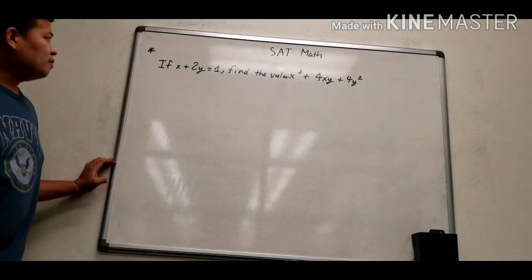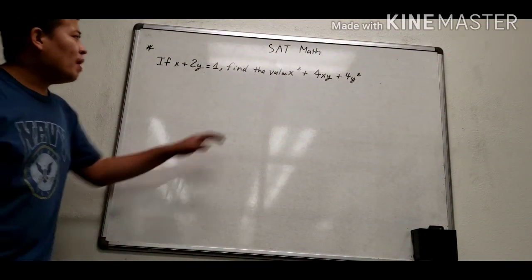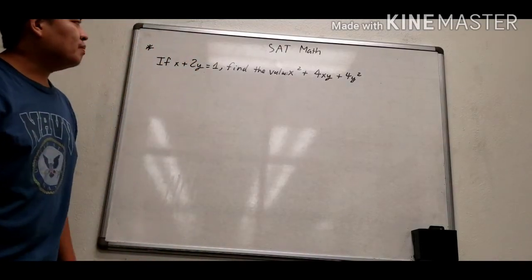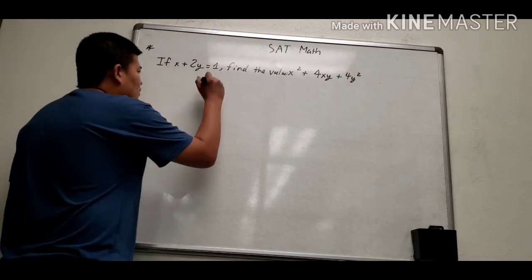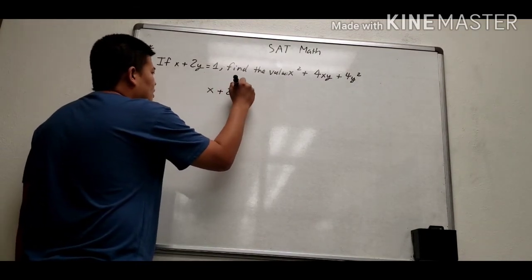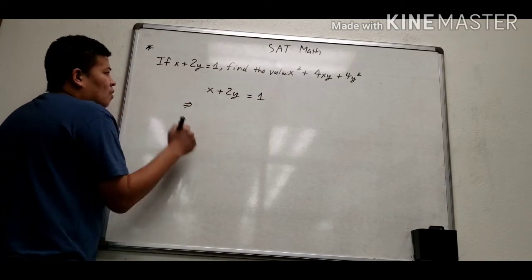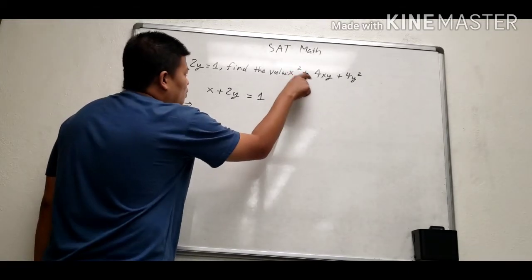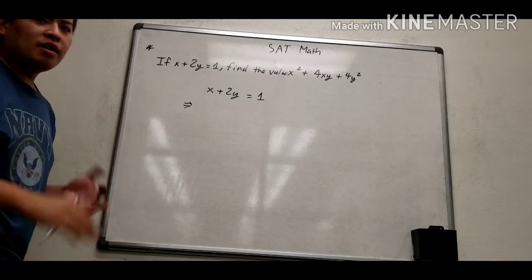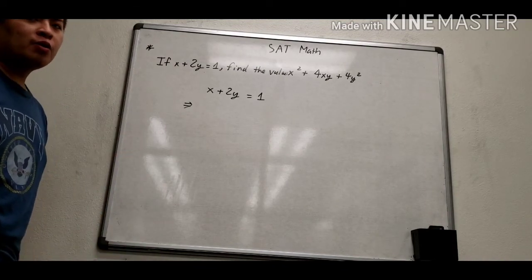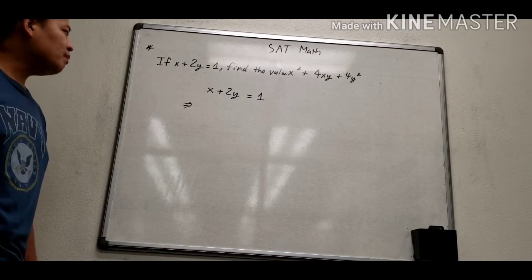So in the next one, if s plus 2y equal to 1, find the value of s power 2 plus 4sy plus 4y power 2. And we have s plus 2y equal to 1. In here, we can see that they mention s power 2, 4sy and 4y power 2. You can see that they are similar to a plus b power 2 equal to a power 2 plus 2ab plus b power 2.